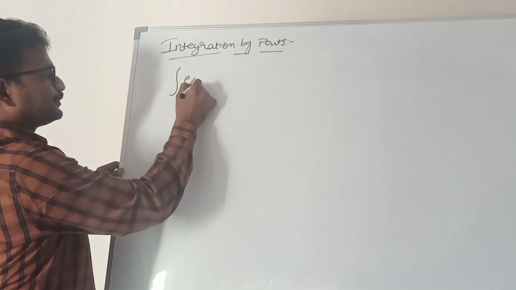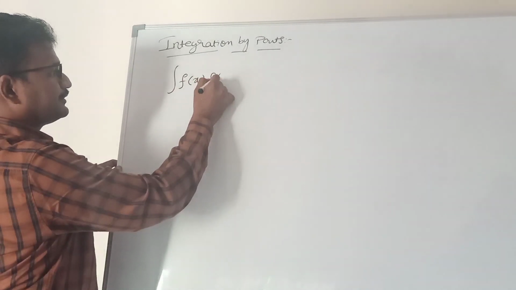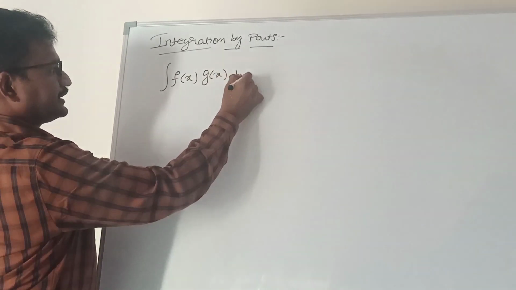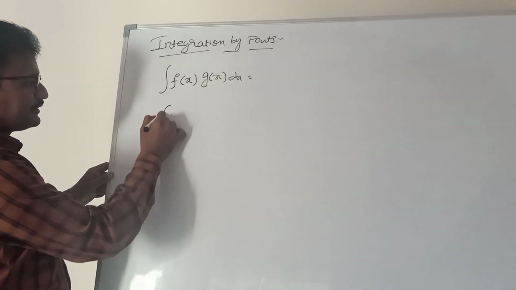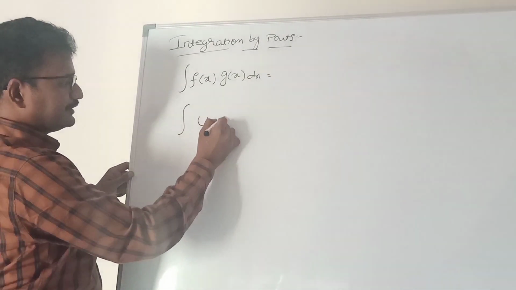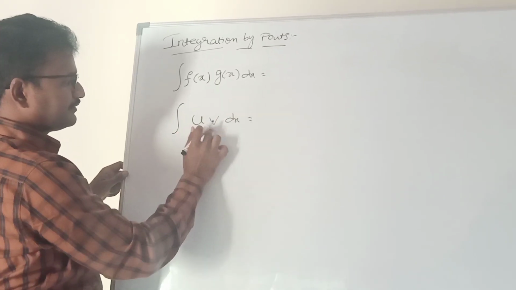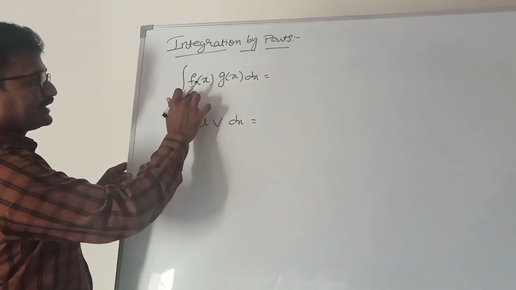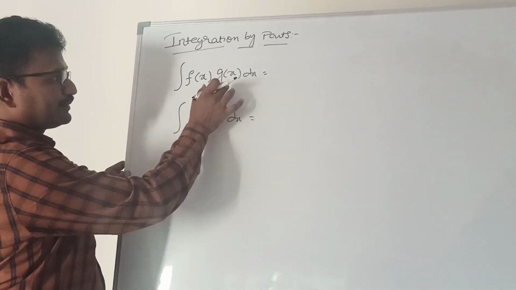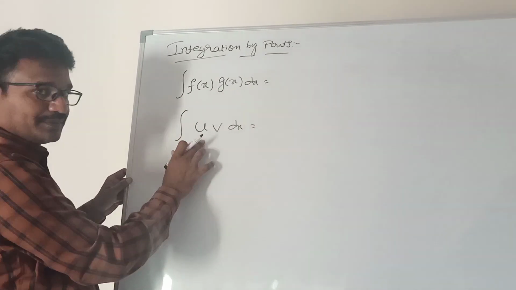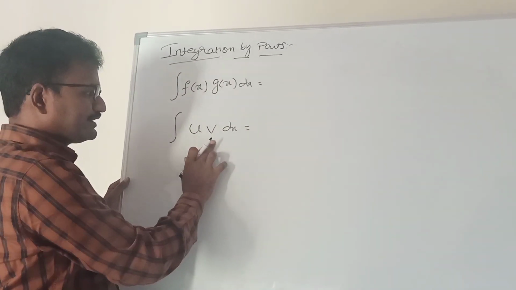Suppose we have two different functions, f of x and g of x dx, or otherwise u and v, where u is one function, v is another function. We can use either this formula or this formula. Instead of f of x I am using u, instead of g of x I am using v.